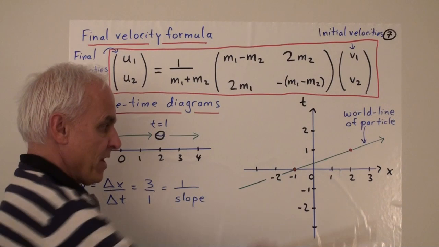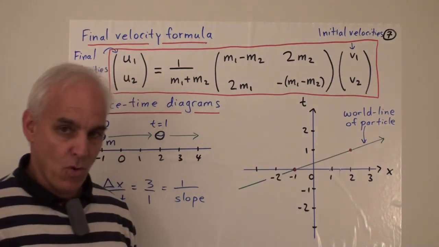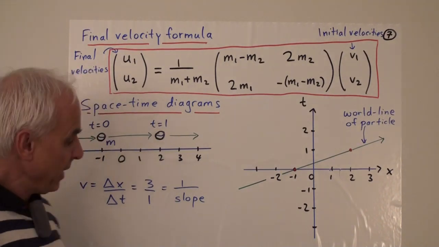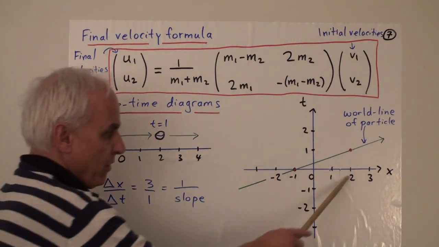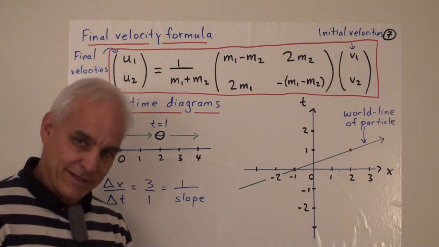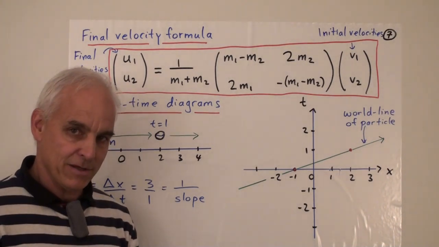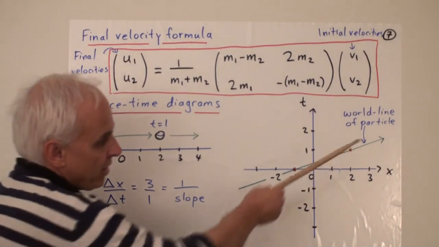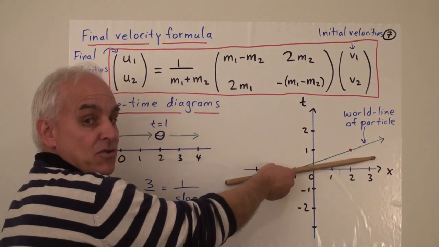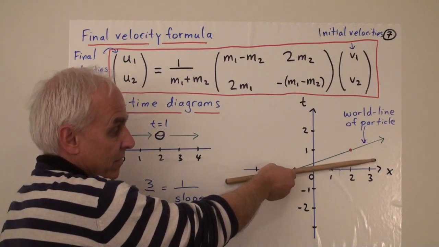Like in calculus, the slope of this line would be 1/3 because it would be delta y over delta x. Here we have delta x over delta t, so it's the reciprocal of the usual slope story in calculus. So the more a line is like this, the faster the velocity is.